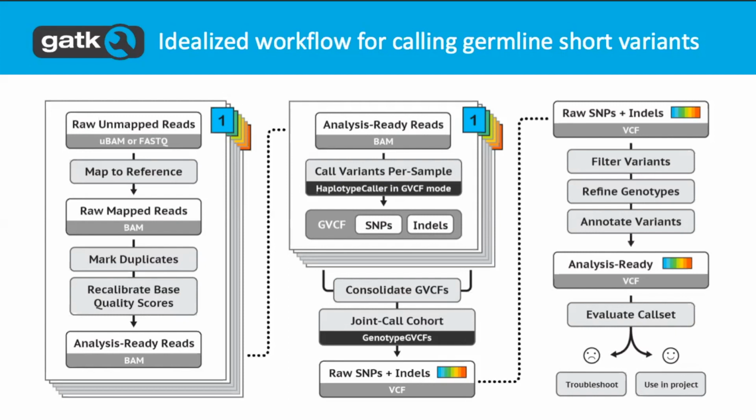Some of it is just the size of the output file. If you're outputting a classic VCF file for a multi-sample cohort of 100,000 whole genomes, you're looking at terabytes and terabytes. You can't really make a single file for that.